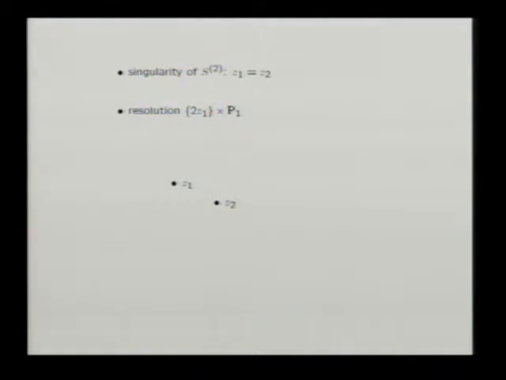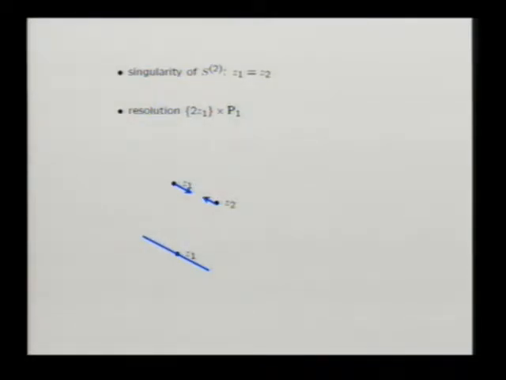So geometrically what you can think of is that you have these 2 points, and as they get closer, you're replacing them by, if you like, a line or a direction through that point Z1. So the projective line of all directions at Z1 is what you replace the double point by.